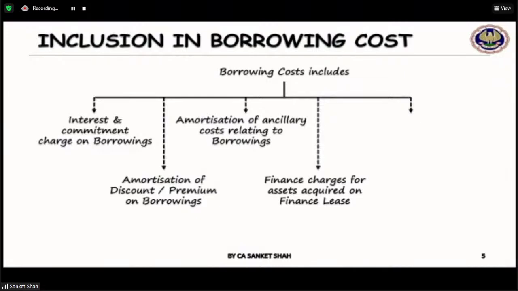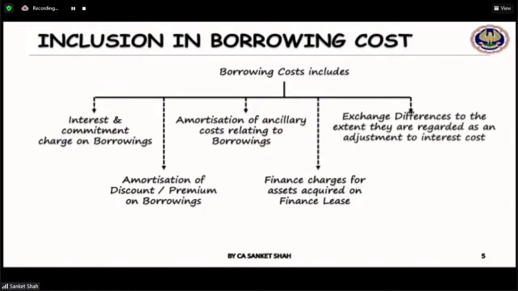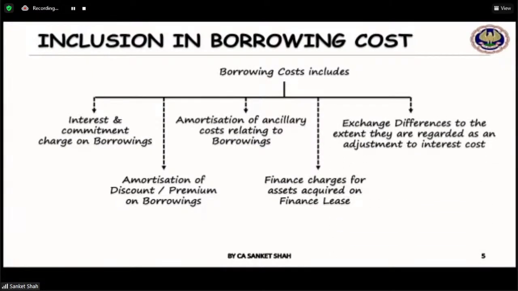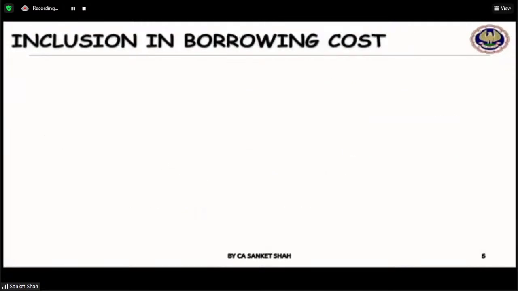So beta, in simple language, it is interest plus extra charges that you are paying at the time of borrowing something. And the last one is very important: exchange difference, to the extent they are regarded as adjustment to interest cost. Now this para 4E, this is a very interesting one, that exchange difference. Para 4E.